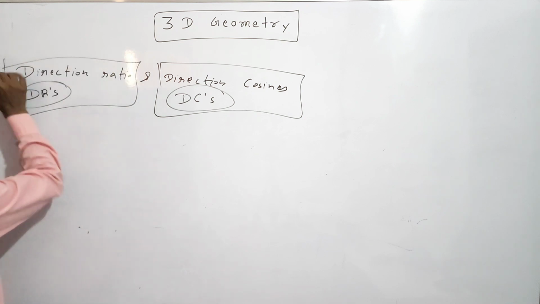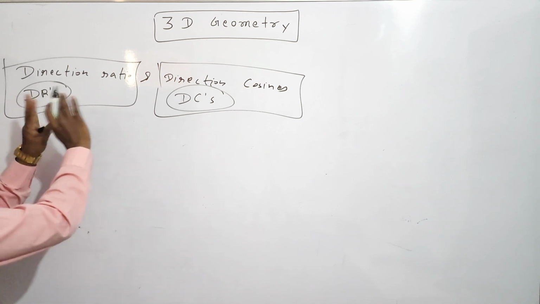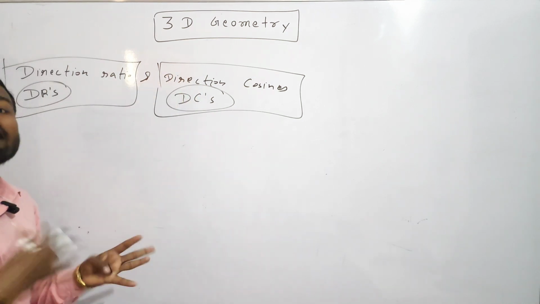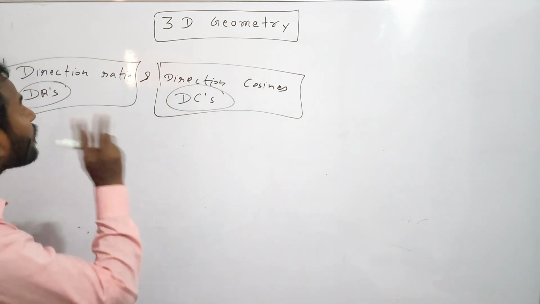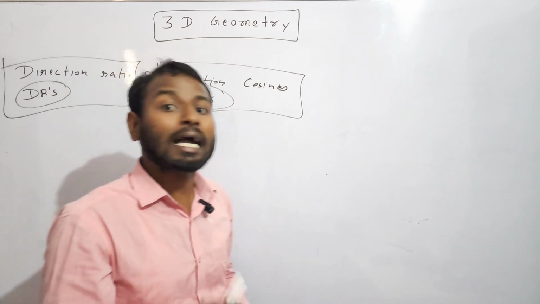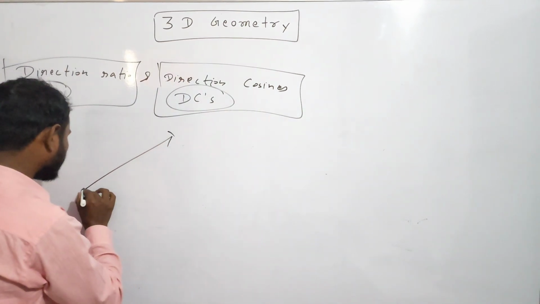And direction ratio, both are interlinked, and you can say both terms represent the same thing. Its name is direction ratio or direction cosine. So both terms represent the direction of a line. So let's see by example.